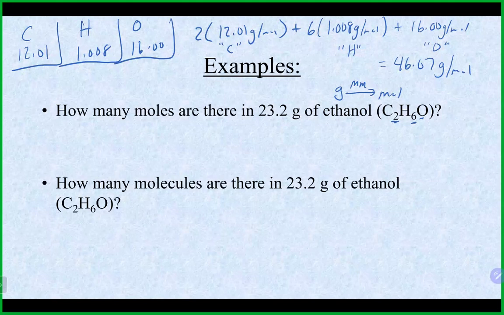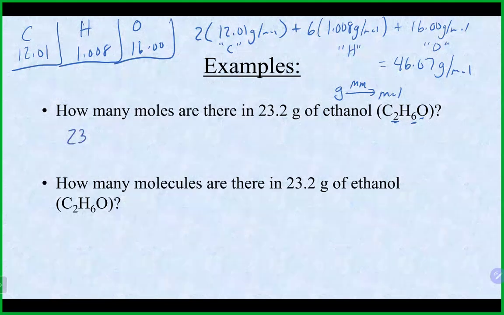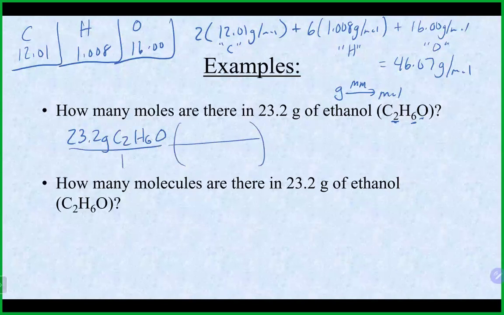So we really have everything we need to do the first part here. So we'll go 23.2 grams of C2H6O. Again, just going to take the dimensional analysis approach. Grams on top means for sure grams need to go in the opposite location, which is on the bottom in this case. Again, the grams are going to cancel.